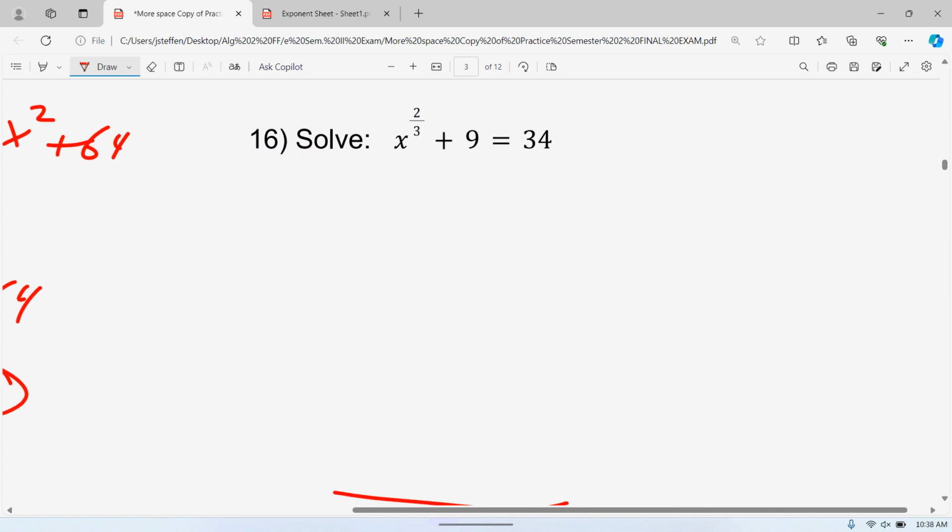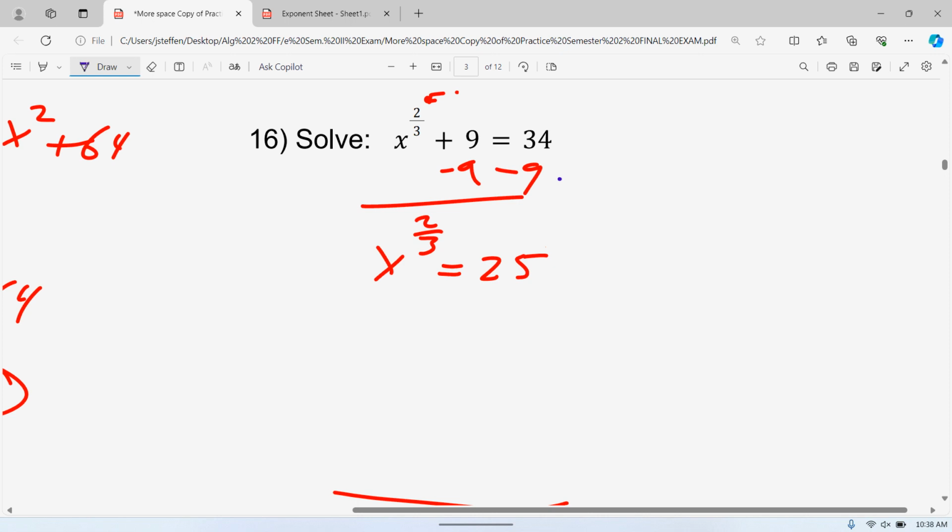We have a fraction as an exponent, so go ahead and get x by itself. Plus 9 is equal to 34, minus 9 is 25.